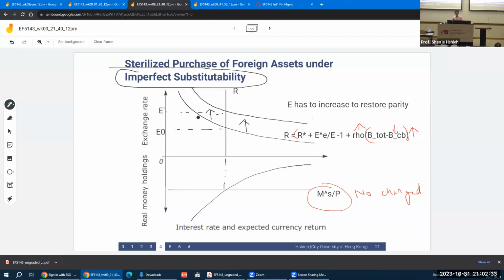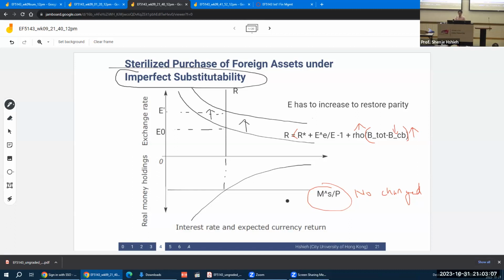But because creditworthiness differs between countries, rho is going to be non-zero, in which case there's imperfect substitution because their risk profiles are different, and as a result, you can take that to your advantage and conduct these kinds of sterilized interventions, in which money supply doesn't change, yet UIP is affected and you have a change in E as a result.